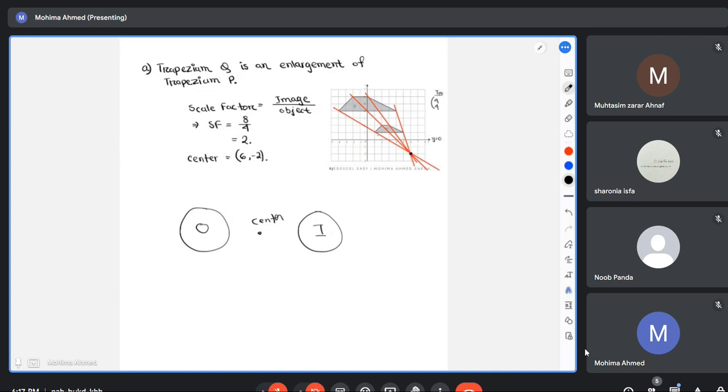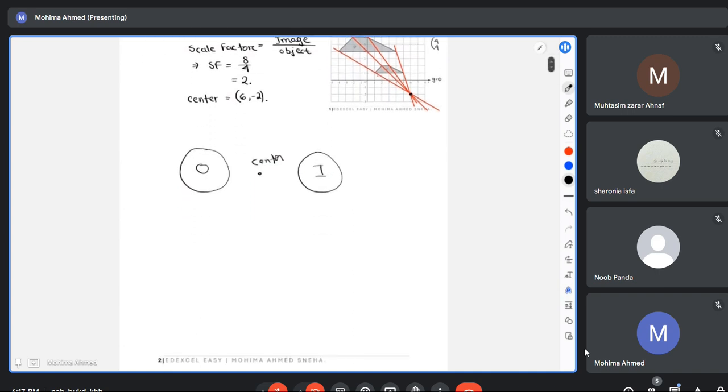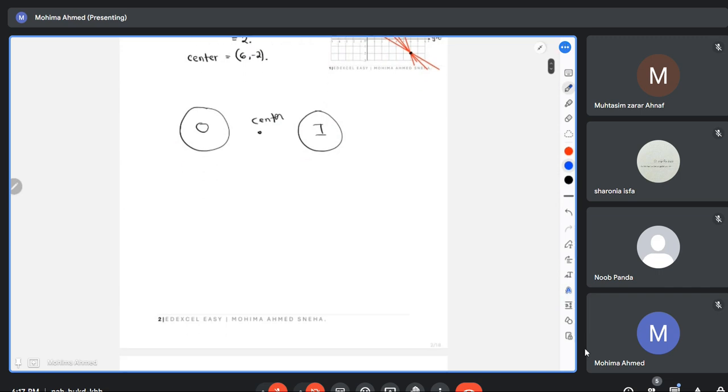Now, in this kind of situation, when your image and object are on opposite sides of the center, the scale factor would be negative. Okay, there's one note to be taken: when image and object are on opposite sides of the center, scale factor is negative.